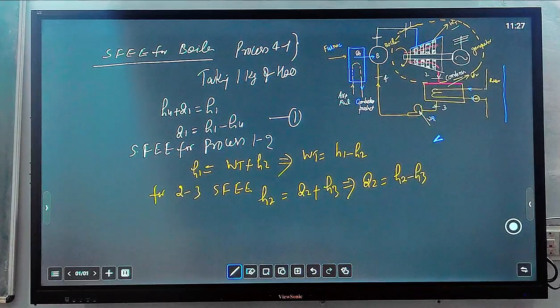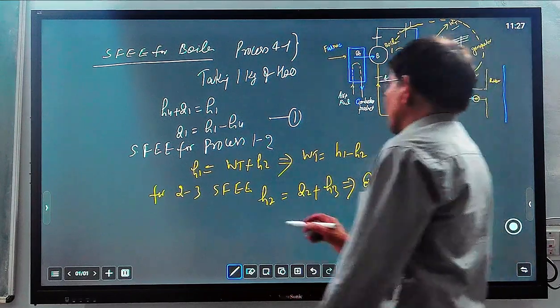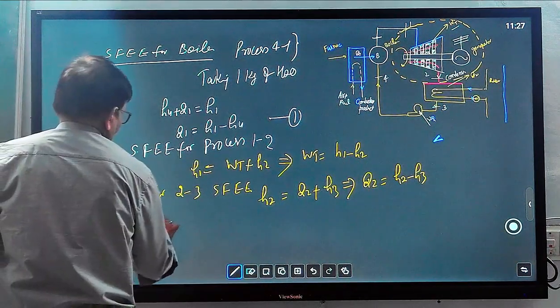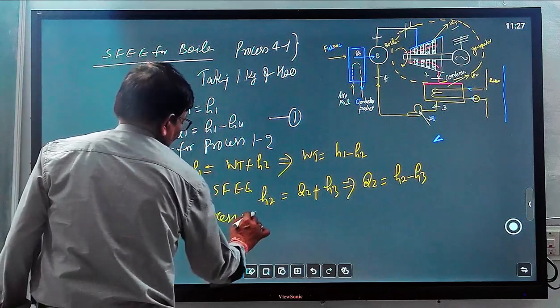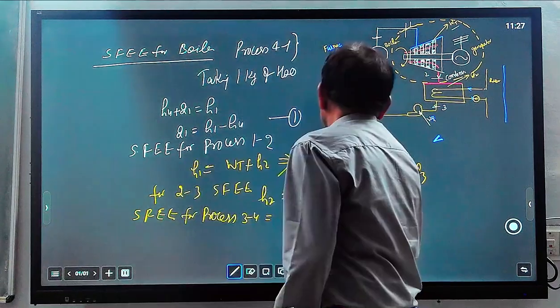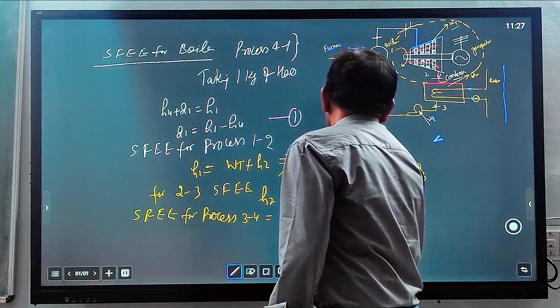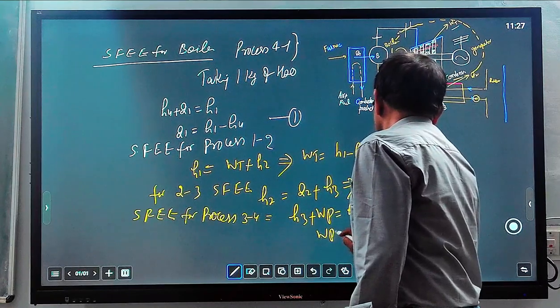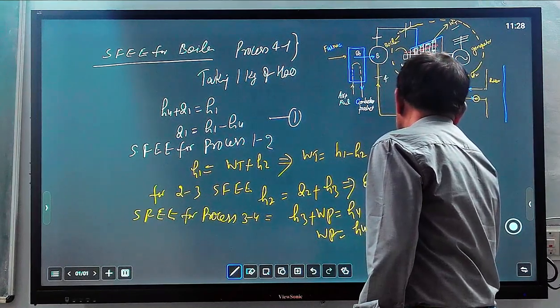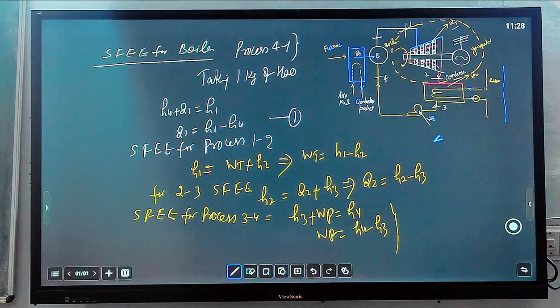Again applying the steady flow energy equation for process 3 to 4, you will get H3 plus WP equals H4. So WP equals H4 minus H3. All these equations you get.